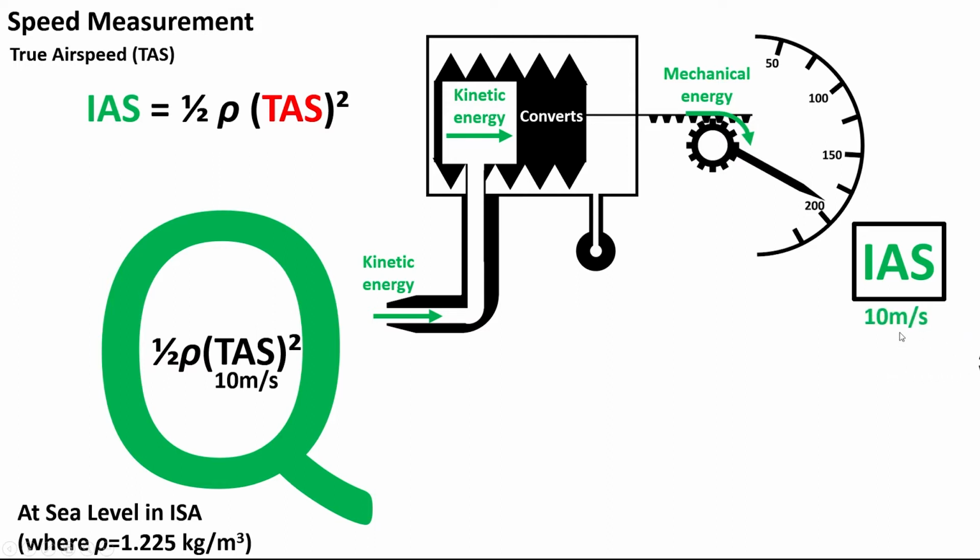Now I make another adjustment, finally 10. So now, when I move at 10 meters per second in 1.225 kilograms per cubic meter density, this shows me a 10 meters per second indication, so that's good. My instrument is ready for use, to be installed in a plane, and so the pilots can rely on it.